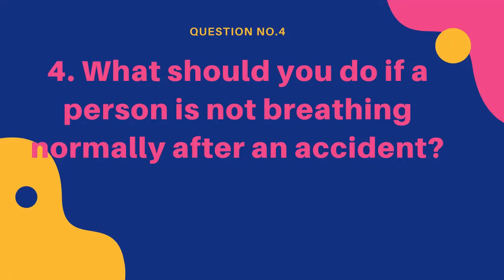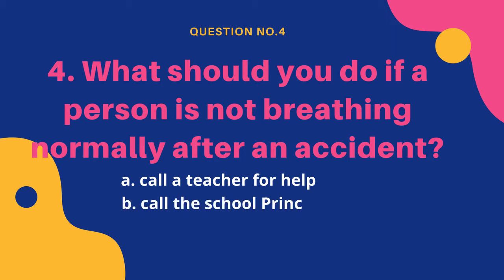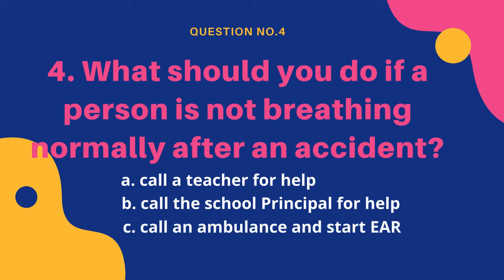Now for the fourth question. What should you do if a person is not breathing normally after an accident? A. Call a teacher for help. B. Call the school principal for help. And C. Call an ambulance and start EAR right away.